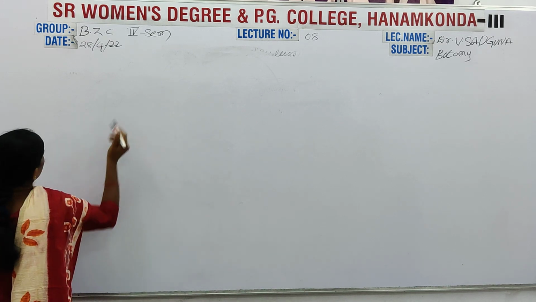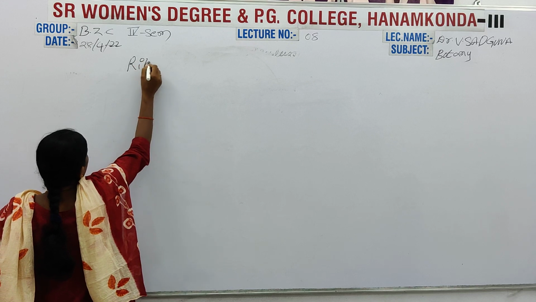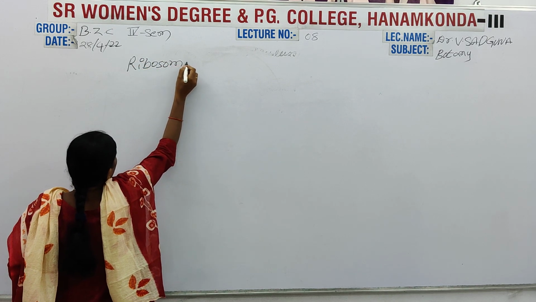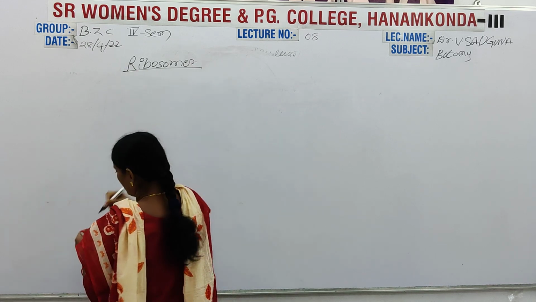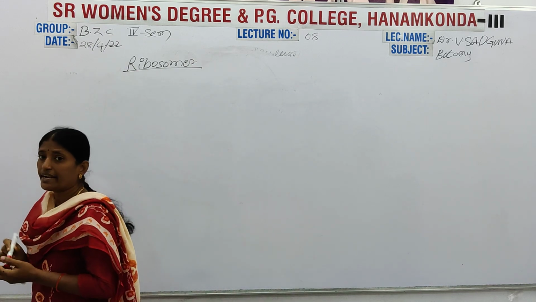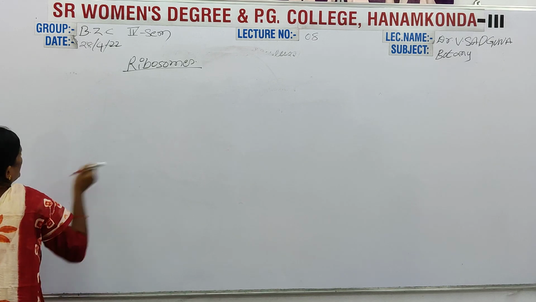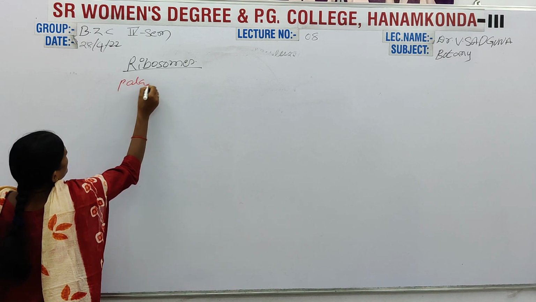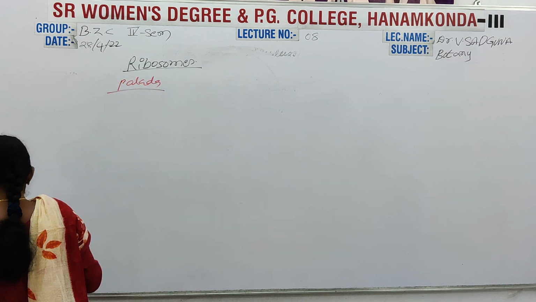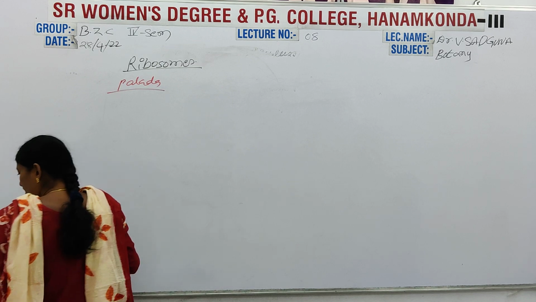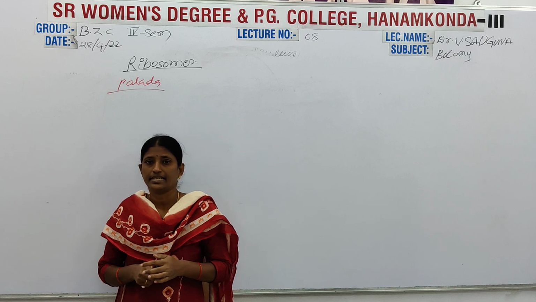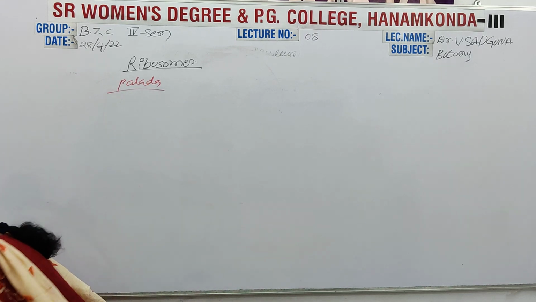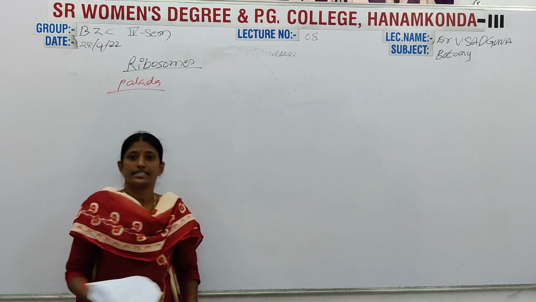Ribosomes were discovered by Palade. These are complete cells, small cells, different types of small cells.